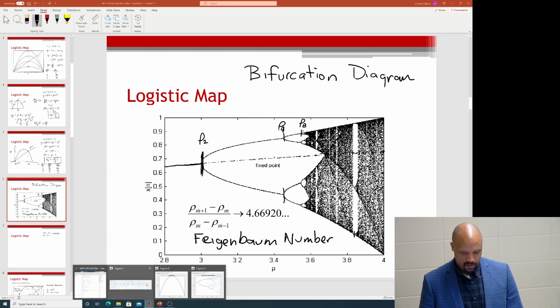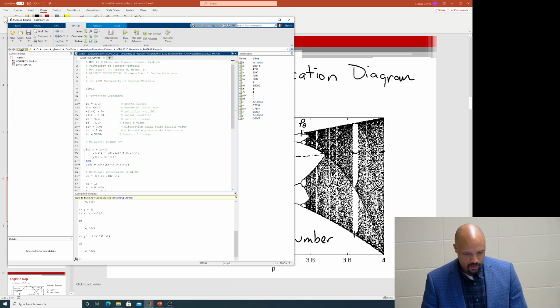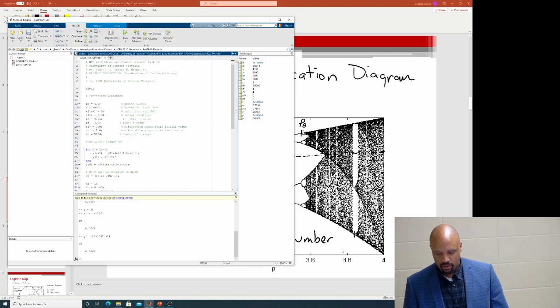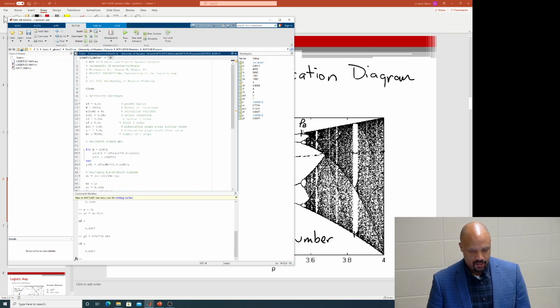I'll go back and change that so that we can look at it. So I'll say 2.95. We don't need to go all the way to 4. So the smaller we make the window, the more we can see inside of it. So let's just say 3.7 in this case.